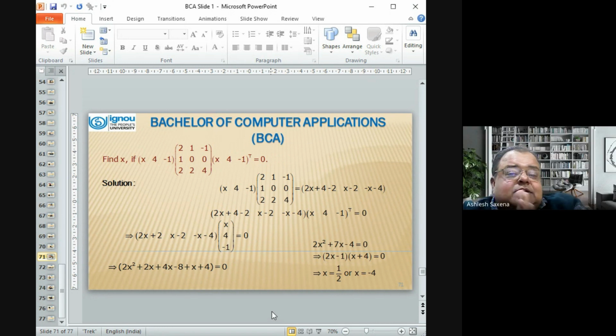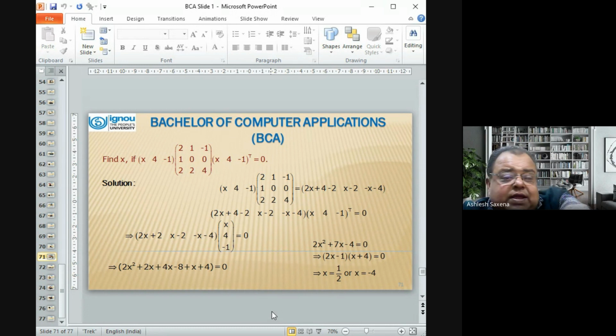Now, just solve this. Can anyone of you explain what has been performed over here? You can see that it is a multiplication of three matrices with different conditions, and you are to find an element x which is missing, and that x has to be found when we follow these conditions.